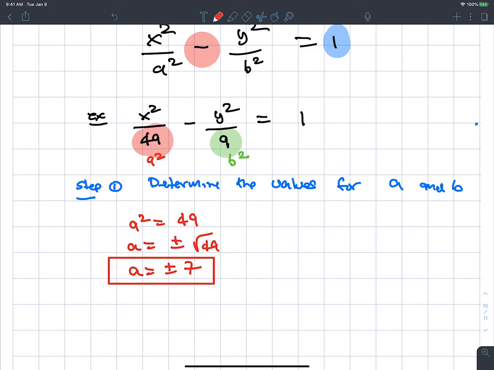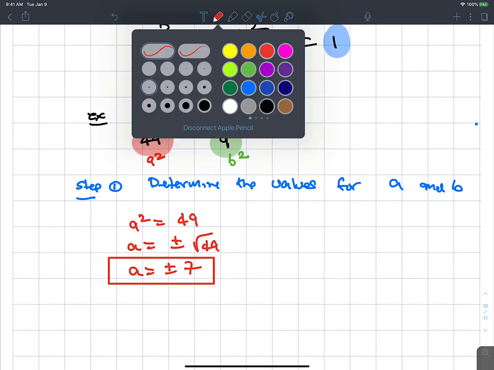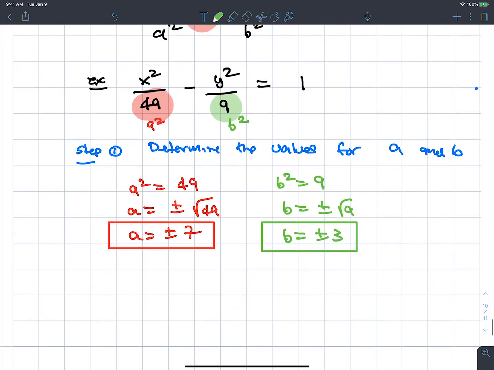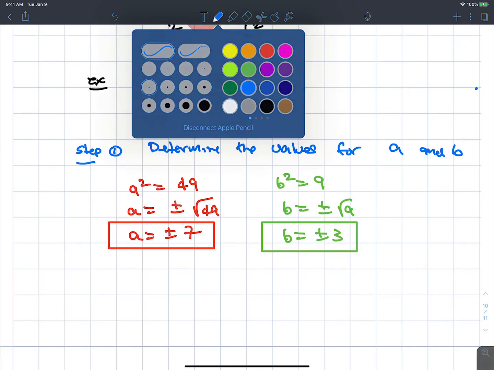And then similarly, we have B squared is 9, which means B will be plus or minus square root of 9, or simply B is going to be plus or minus 3. So we found these values. Now, I'm going to say this to you guys. Step 2.